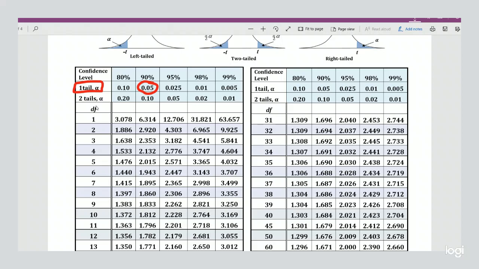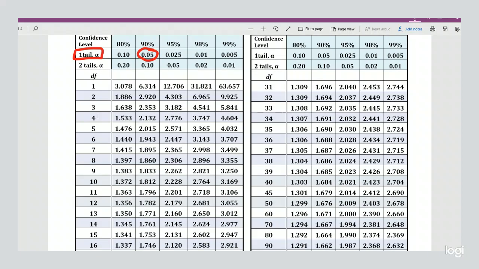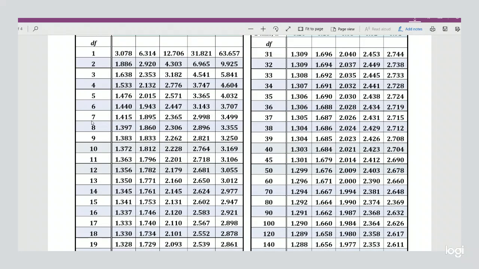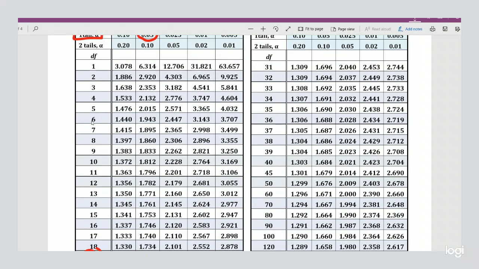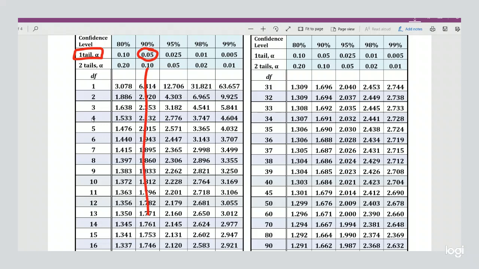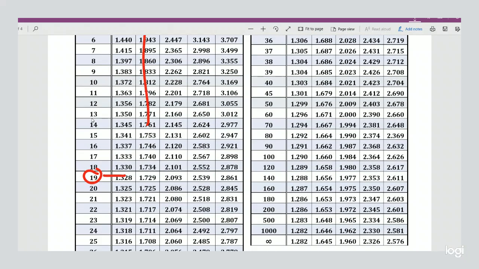Most t-tables will just give you the size of one tail on top. Then we find our degrees of freedom, 19, which is right here. We match the two up, and there we have it, 1.729.